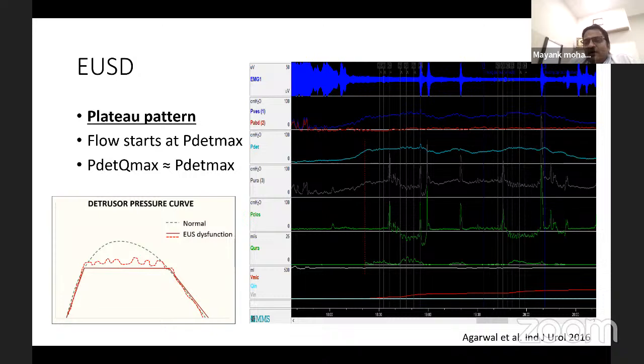You would have learned that it is difficult to diagnose dysfunctional voiding because this happens and that happens. You need UPP, you need video urodynamics, etc. But if you can observe this, I'm not saying that it is essential. There is 90% concordance, not 100%.